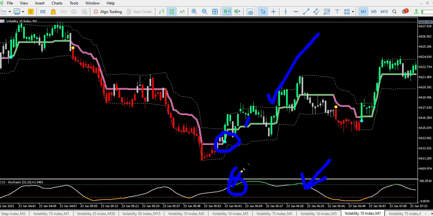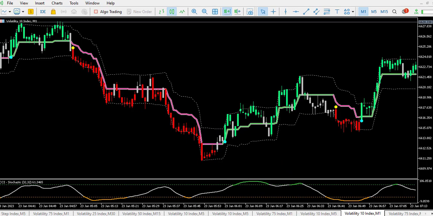And for sell, you allow this to change to gold also before you place your trade, in agreement with this indicator in the indicator window. So once you have the two in agreement, then you can place your trade. It's as simple as ABC.